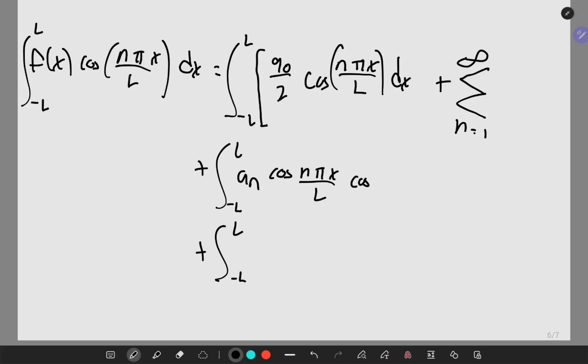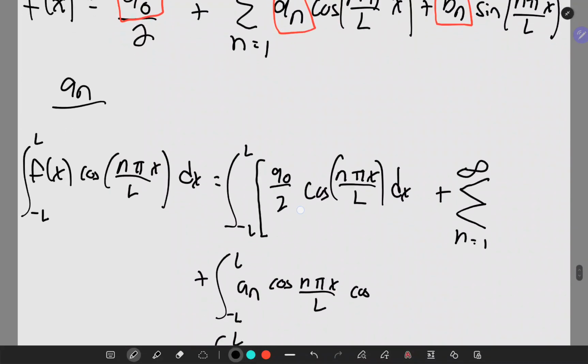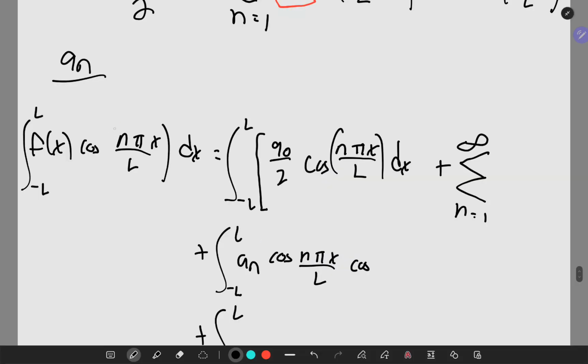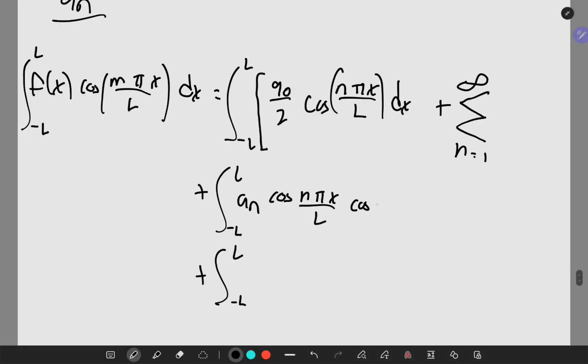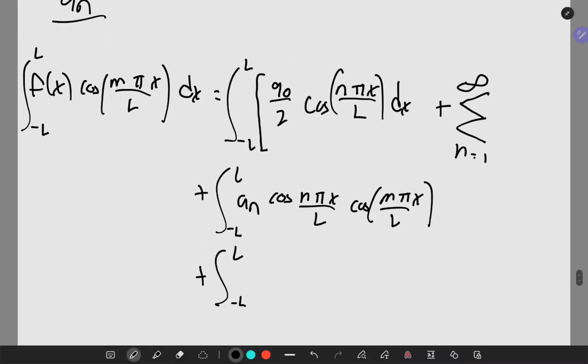Oh, hold on a minute. I completely forgot. When we do this, the cosine that we multiply everything by, we're going to use m instead of n. As you can see why, there's going to be a different value for that cosine. m is still 1, 2, 3, n is still 1, 2, 3, and so on, but we have to differentiate that there's a difference between n and m.